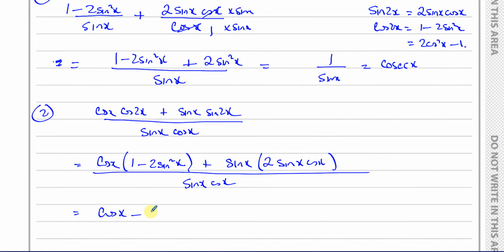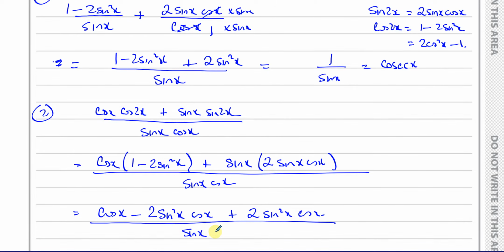So we have cosine x times 1 minus 2 sine squared x, times cosine x, plus 2 sine squared x cosine x. So it works out quite nicely as well.